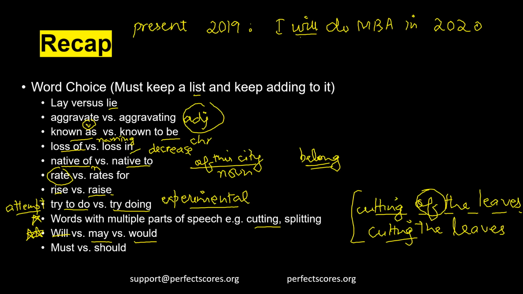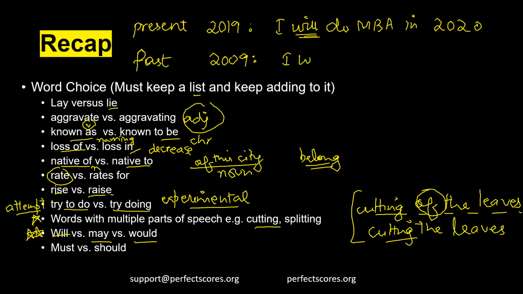So I am using will in this case. All right. But let's suppose I said something similar in 2009. In that case, I am speaking from the past into the future.